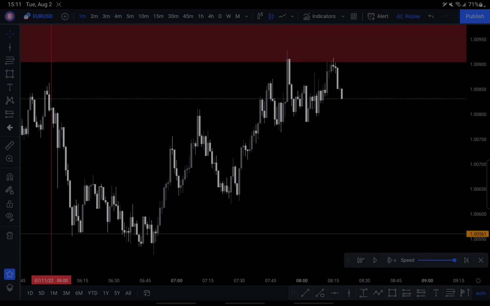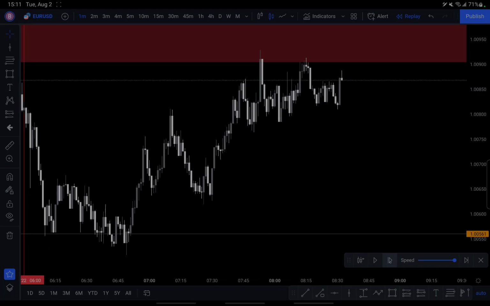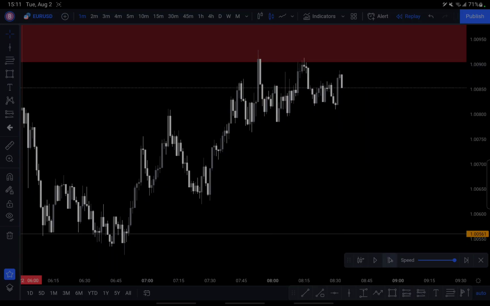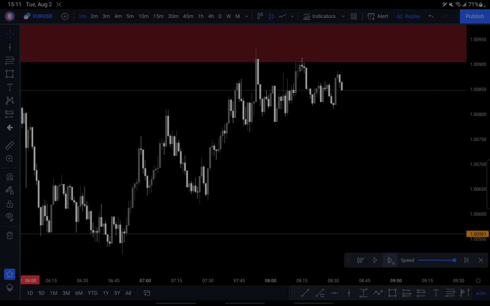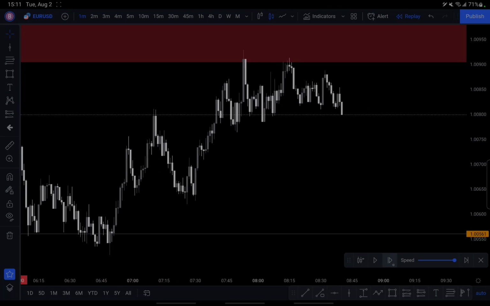Okay, we're breaking up. So we came to test the UT before breaking back down. Okay, price came to test this zone here. So let's see. Okay, price did leave a supply zone here. Broke down. Let's see if price wants to come and test that zone.